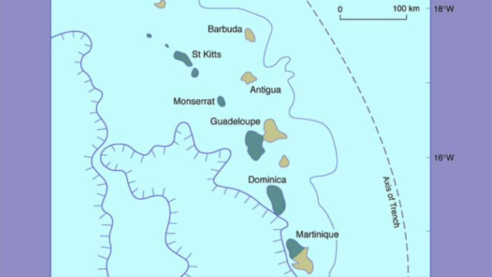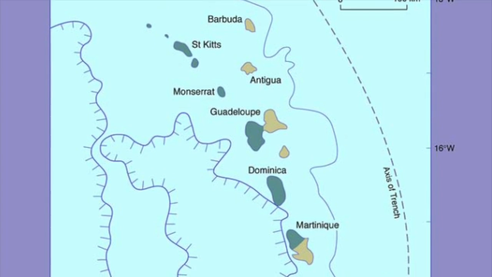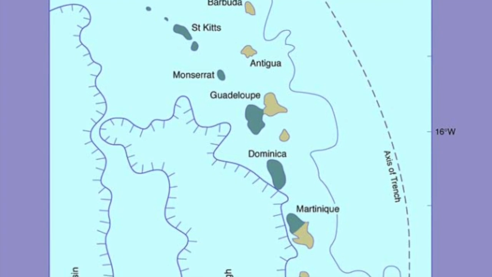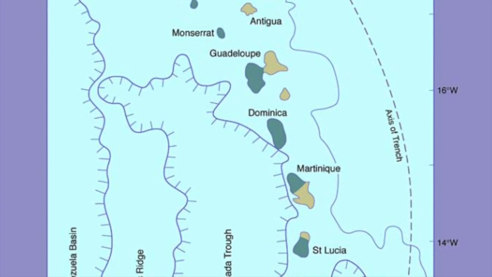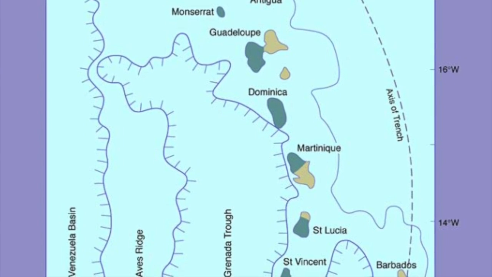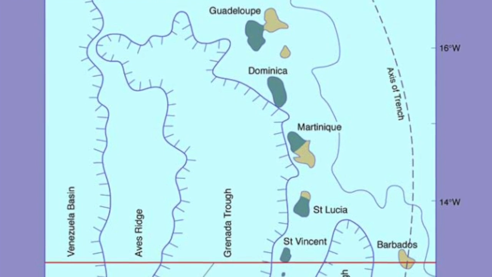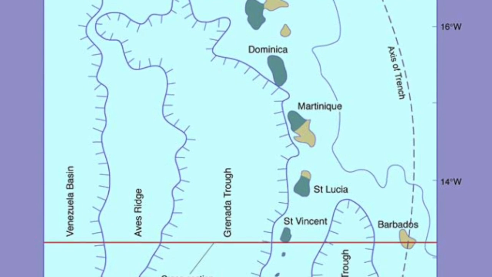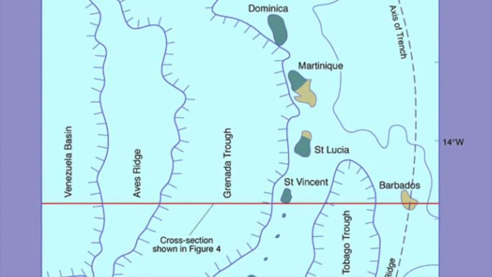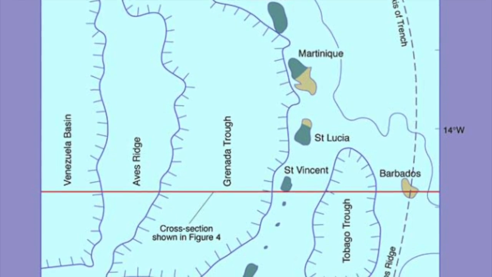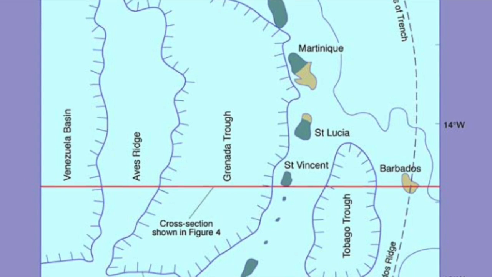Now, this is significant because they believe that the seismic activity beneath the inner and outer forearc is related to a difference of crustal structure between the inner forearc, which they believe is dense and thick, and the outer forearc, which is more light and flexible, and this enhances the seismic activity which caused these island formations.